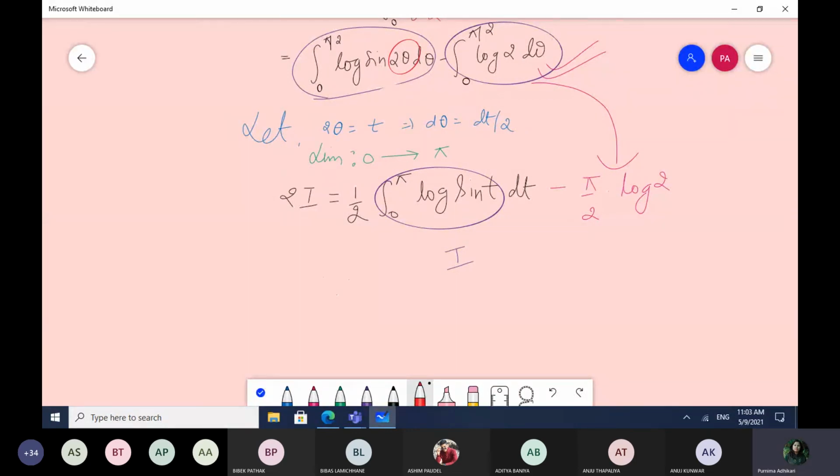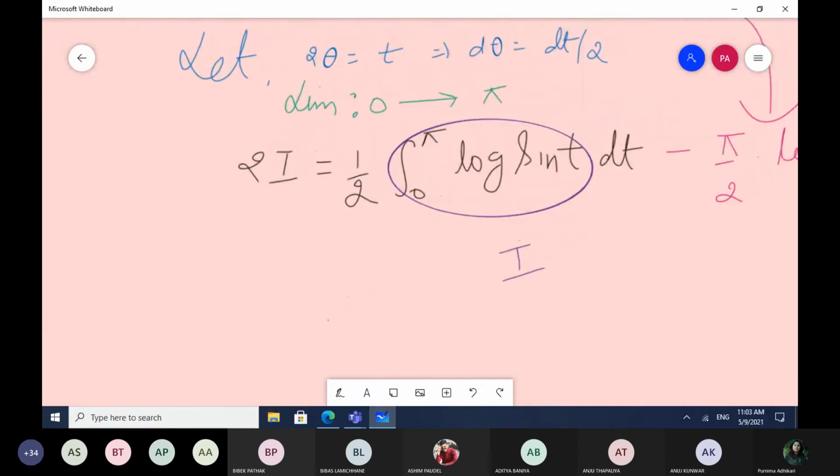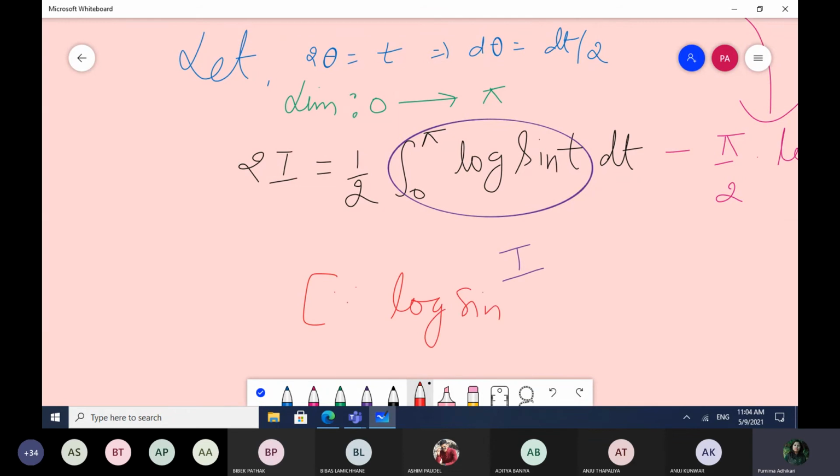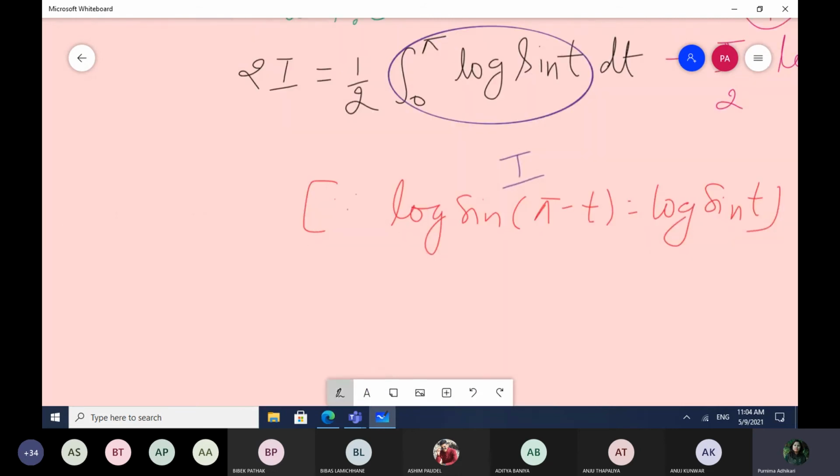So you can say, because log sin pi minus t is equal to log sin t, using the property.